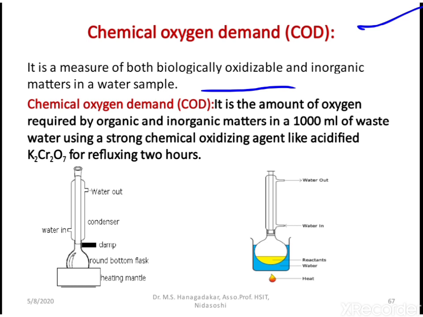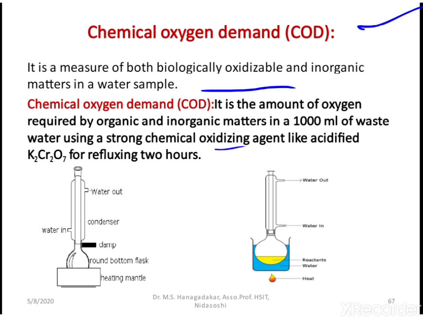Now, what do you mean by chemical oxygen demand? It is the amount of oxygen required by both organic and inorganic matter in 1000 ml of wastewater using a strong chemical oxidizing agent like acidified K2Cr2O7 for refluxing for 2 hours.